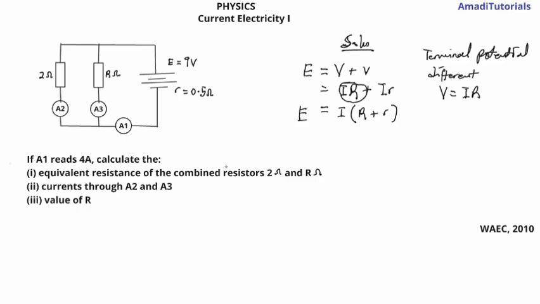The first question says we should find the equivalent resistance, which is this R here. Accordingly, we have been given I to be 4 amps, or I'll say I1, which is here. This A1 or I1 represents the current drawn from the cell, which is equivalent to the total current drawn from the cell.